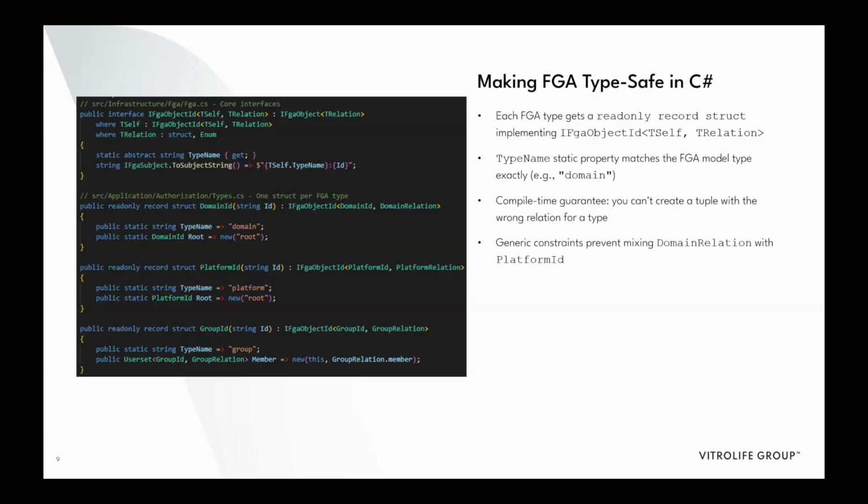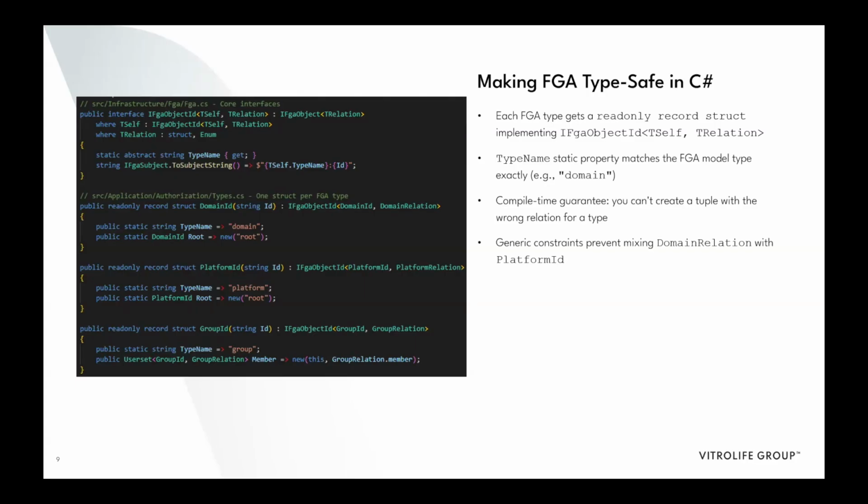So in our case, we created what we call the IFJ object ID, and it has constraints on the type where it makes it possible to define a relationship between self and an enum. And that makes it possible to say that when we create this ID, we can only use these specific relations with it.